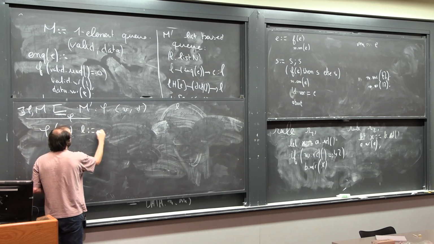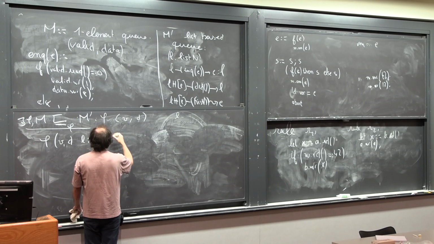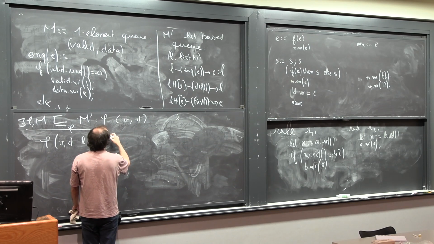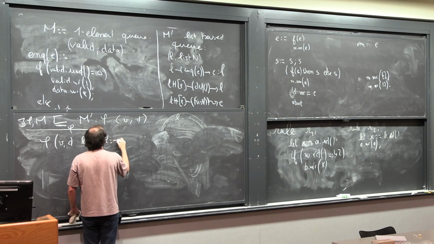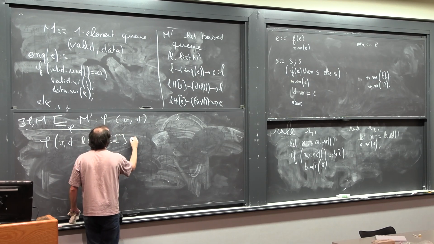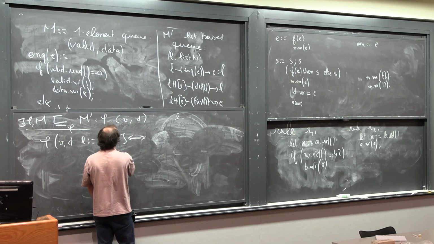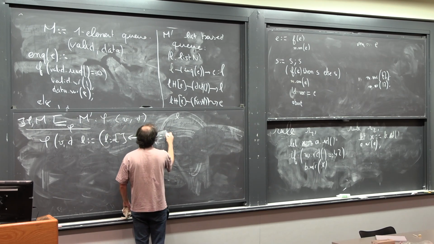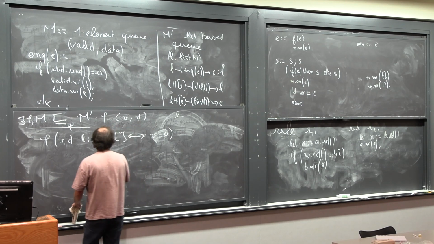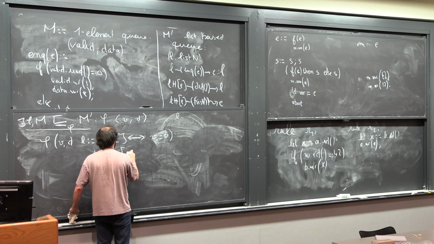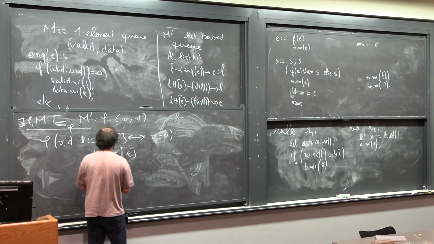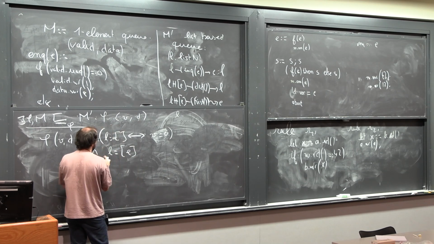V, D, L is defined by L equal to empty if and only if V is equal to 0 and L contains one element. So we have a little problem here.